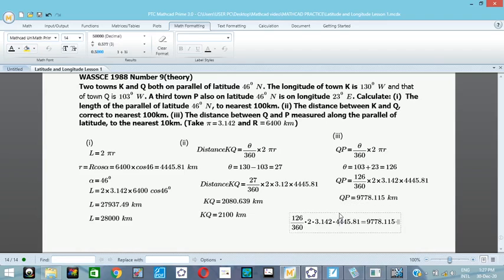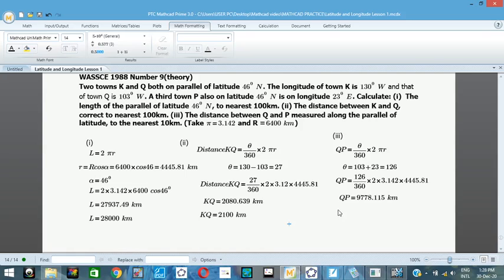Then if you approximate, the question says the distance QP along the parallel of latitude to the nearest 10 kilometers, so to the nearest 10 kilometers, the final answer QP is going to be 9780 kilometers. So this is all this question requires from us.